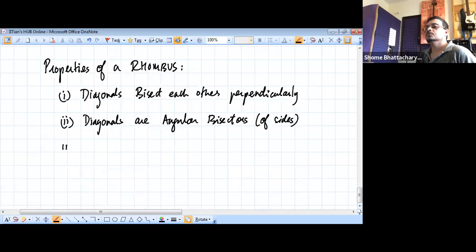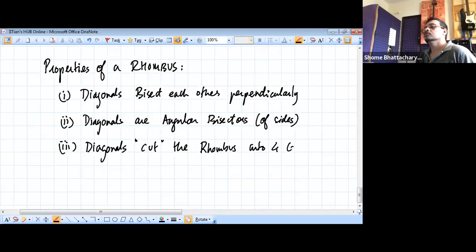And therefore, the third property, the diagonals cut the rhombus into four congruent triangles. Okay, so let's understand each of these statements properly.